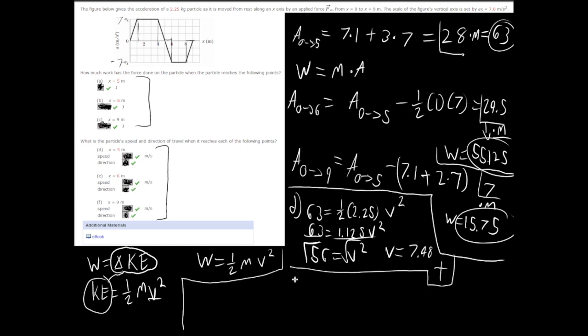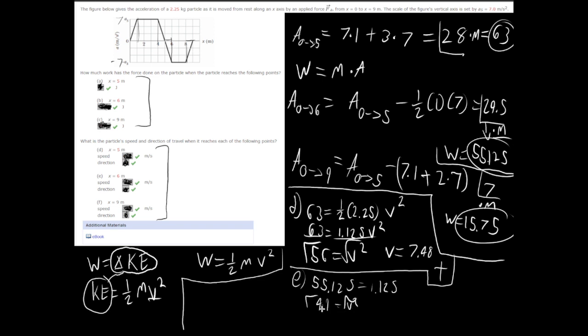Now let's try E. This is to 6. The work at 6 is 55.125, and since we know that half of this, we're going to just skip that step. So now half of the mass is 1.125. Now divide 55.125 by that mass, 1.125, and we get 49 equals V squared.